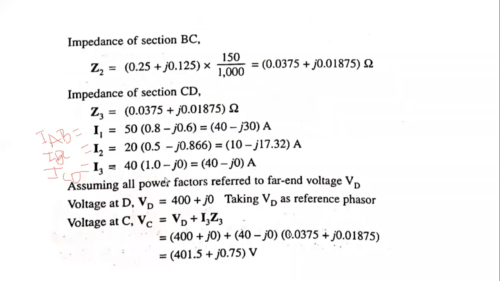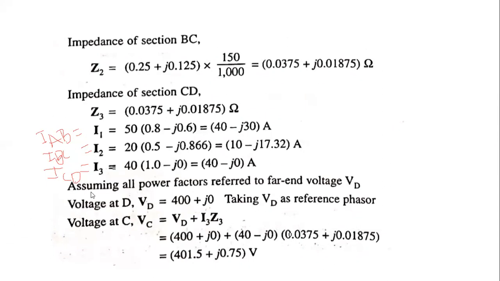Unity means 1. Therefore ICD is equal to 40 into 1 minus j0, that is equal to 40 minus j0 amperes.